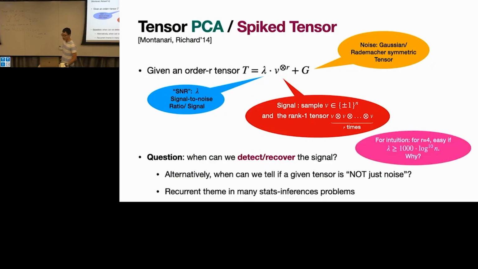Here's an obvious algorithm. For intuition, let's look at an order 4 tensor. This question should be easy if my signal-to-noise ratio lambda is at least some large constant times log n, or log to some constant power of n. Do you see why?